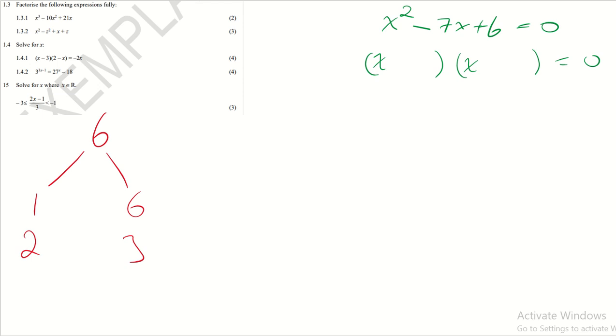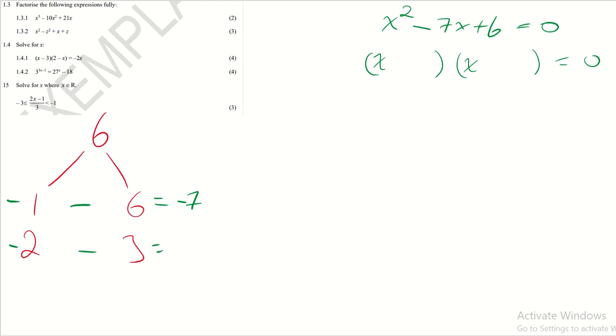Remember, I said if this sign is positive, that means the signs of your factors must be the same. Then if this sign is negative, then both of your factors have to be negative. So just simply substitute negative, negative. Negative 1, negative 6 is negative 7.